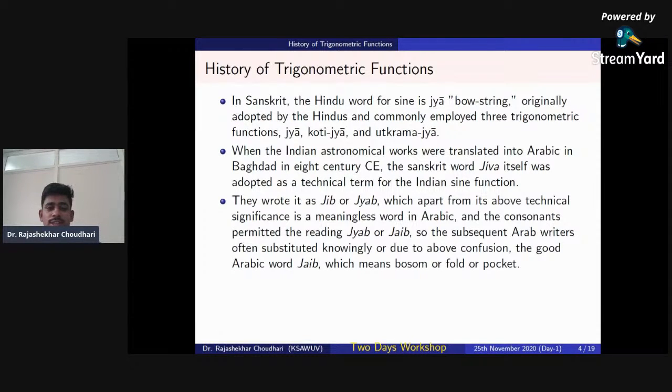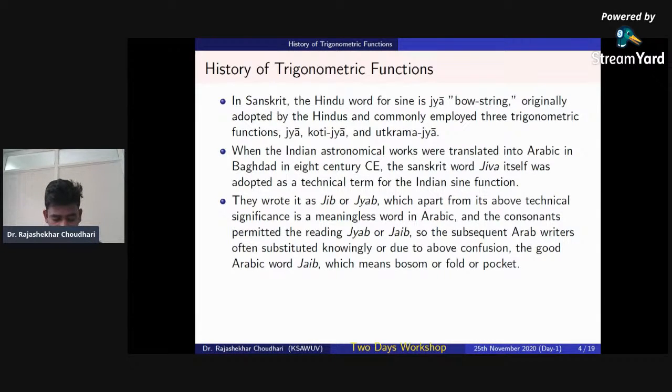But after that, the most commonly used Arabic word was Jaib, which also means the bosom. So the Arabic word Jaib and the Indian word Ja both mean the same.